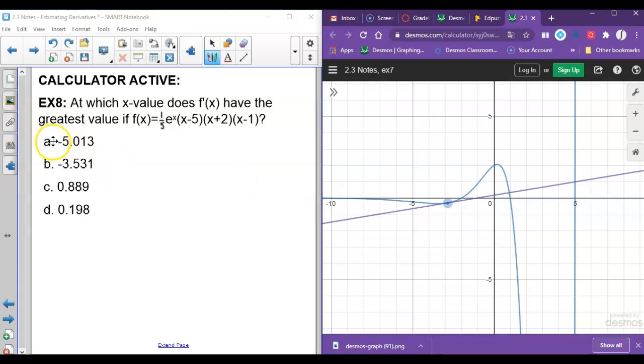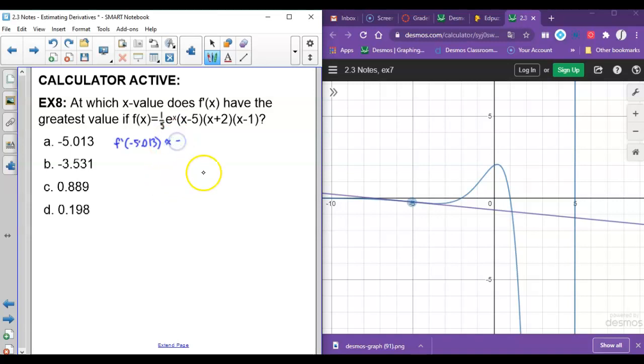And so at first, and we're looking at x values, at first we're looking at -5.013. Well, I'm just going to see if I can tell this from estimating. So that'll just be a tiny bit below -5. And so if I'm estimating the slope of the graph there, I know it's negative. So f prime of -5.013 is about, it's negative, and it's not very steep.